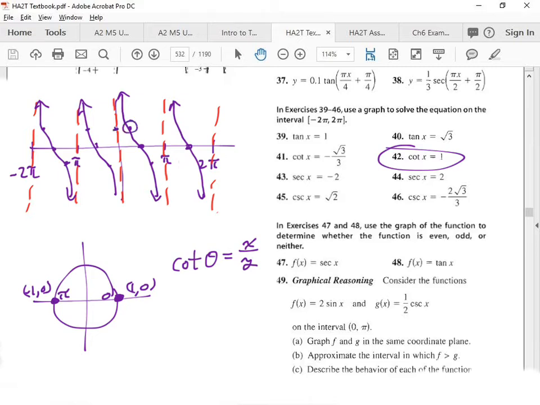What does the y equal for that point? Do you know what this x is right here? Pi over what? Think about it. What is cotangent? Cotangent is x divided by y. Where would x divided by y equal 1?